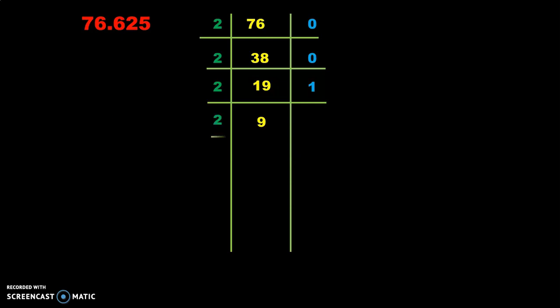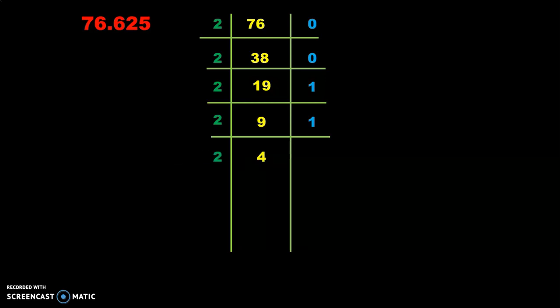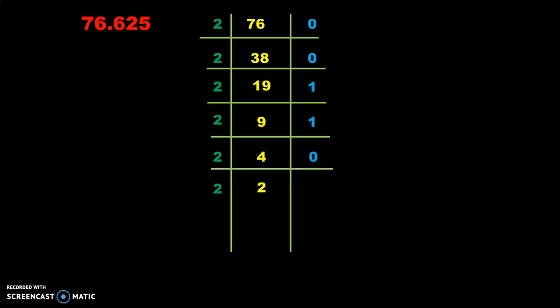If we divide 9 by 2, the answer will be 4 and the remainder will be 1. If we divide 4 by 2, the quotient will be 2 and the remainder will be 0. If we divide 2 by 2, the quotient will be 1 and the remainder will be 0.